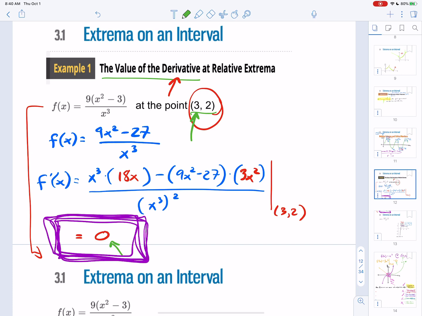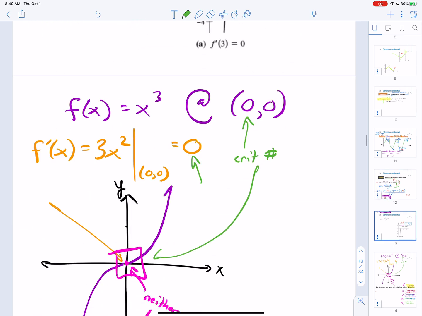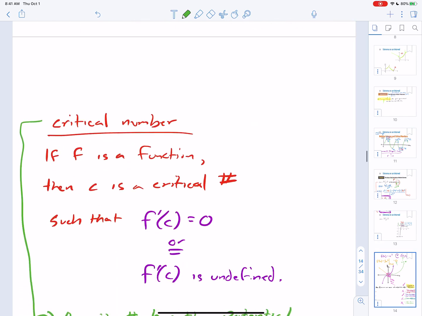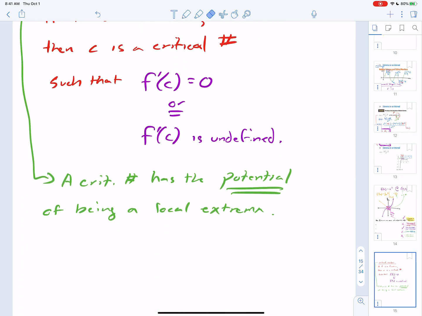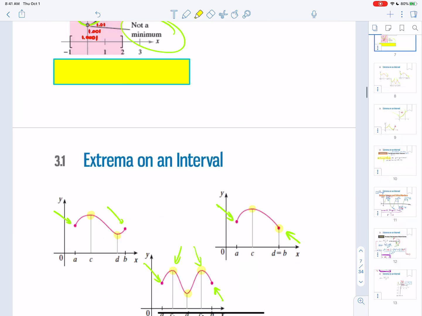So at 3, 2, that's my critical number. In this example, I actually did get a local extrema. So you're not always guaranteed it. That's why we squeeze in the word potential. Okay, so we go back to the very beginning.